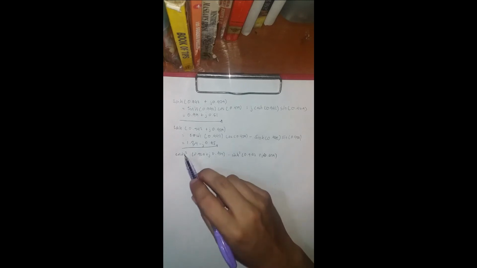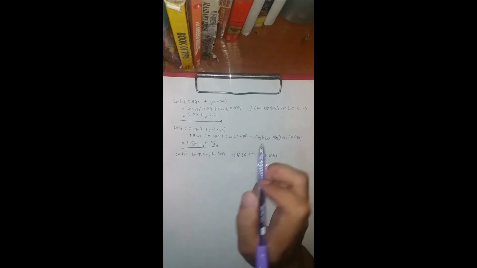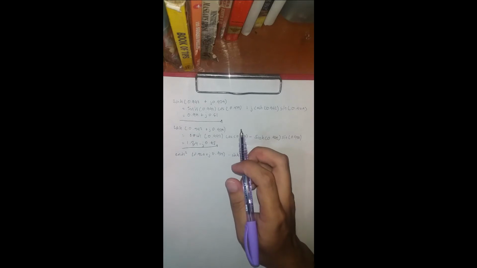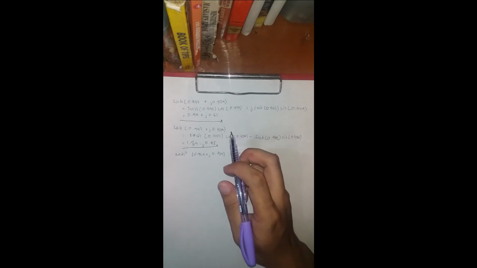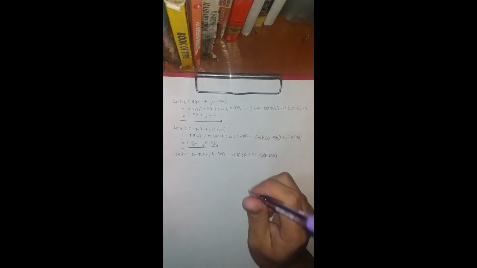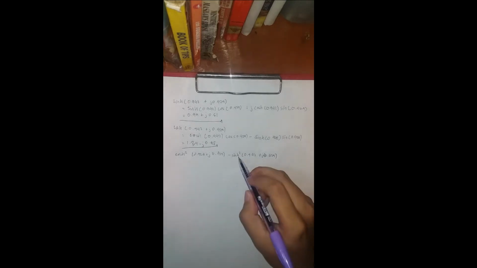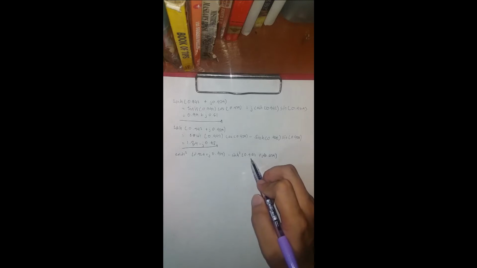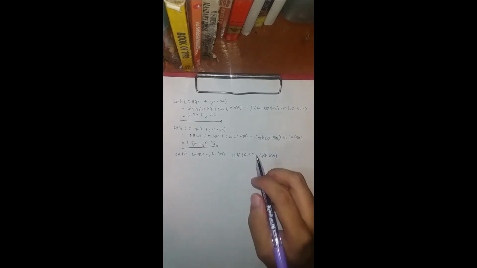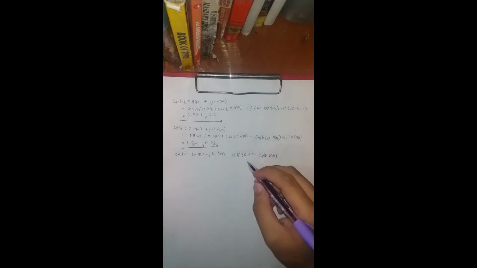So here what I did is I used the trigonometric identities. The cosh squared of x is just 1/2 of your cos hyperbolic 2x plus 1. And the sinh squared identity is 1/2 of cosine hyperbolic 2x minus 1.